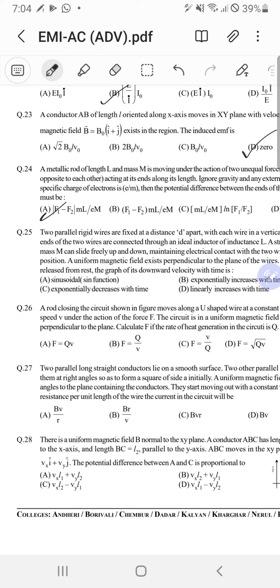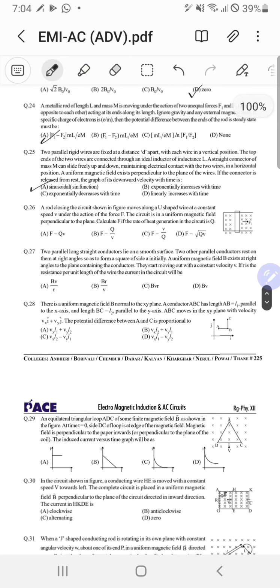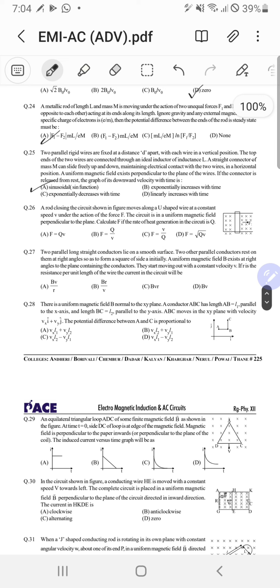So you are entitled to say that V is just V naught sine omega t, something like that, because initially there was no velocity. Cool. So it's downward velocity with time. Oh, we just found that it's going to be what? Sinusoidal.